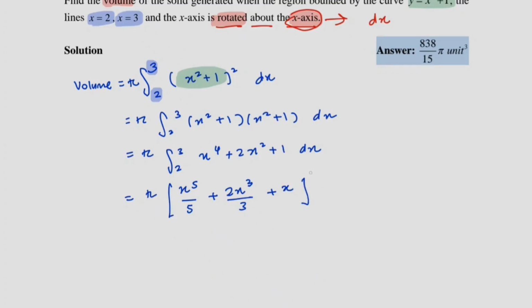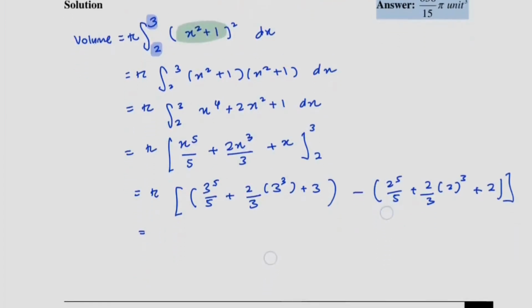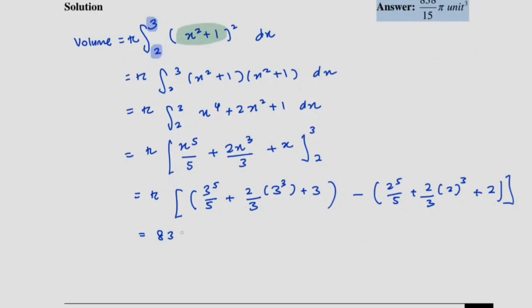And don't forget to write the square brackets with the limits 3 and 2, which means you have to substitute the upper limit first, which is 3, and then the lower limit. Lastly, press your calculator and write the final answer. 838 over 15 pi unit cube.